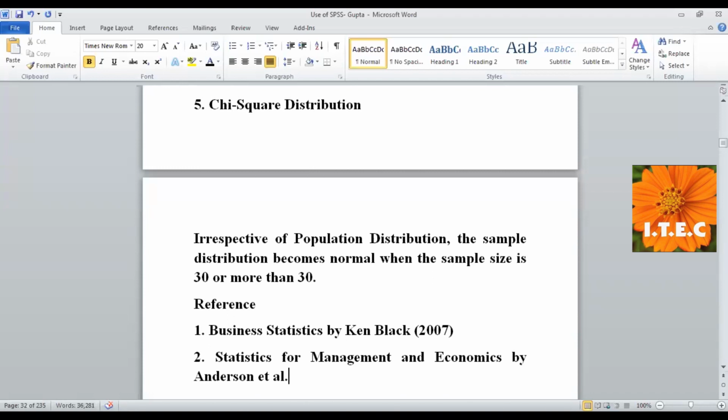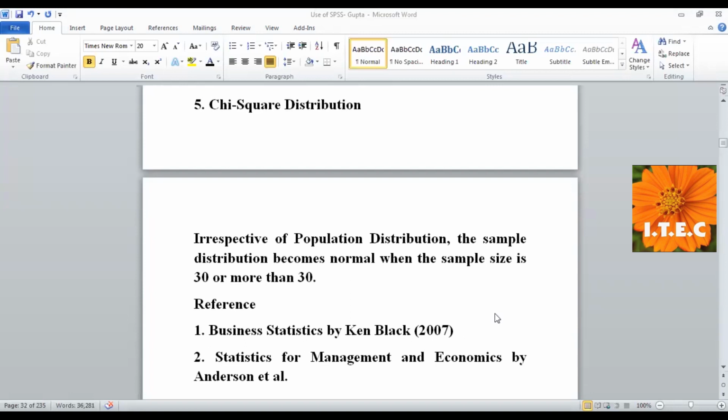These are the two books which you can refer to in order to find out why a sample size equal to 30 or more than 30 is called a large sample, and whenever it is less than 30, it is called a small sample.